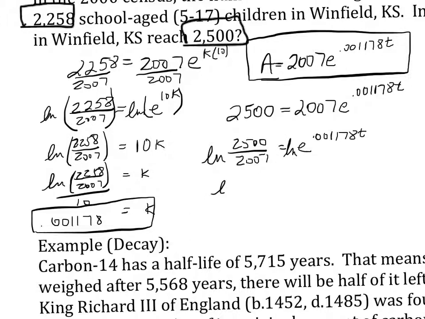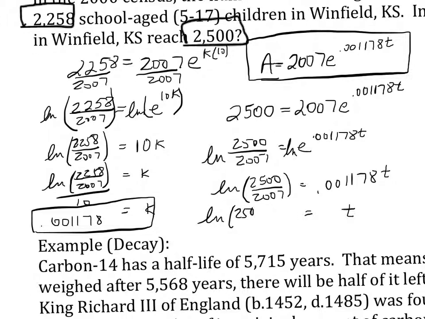And so the ln of 2,500 over 2007 is going to equal 0.001178t. So t will then equal the ln of 2,500 over 2007 divided by 0.001178.